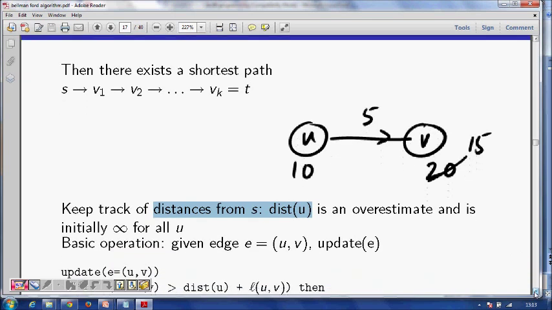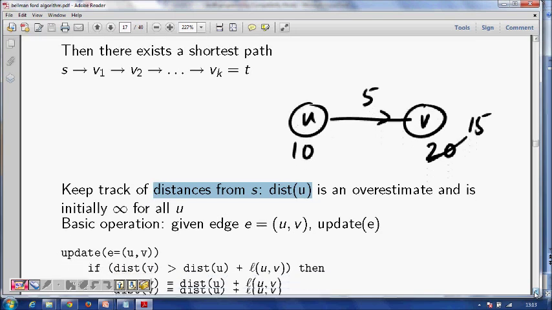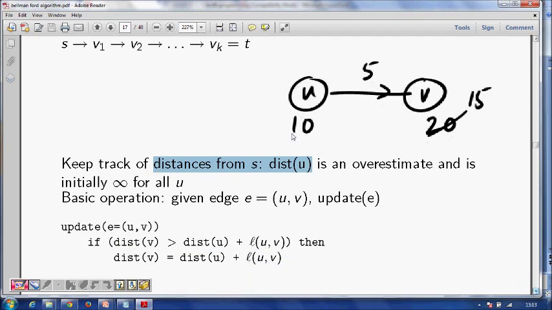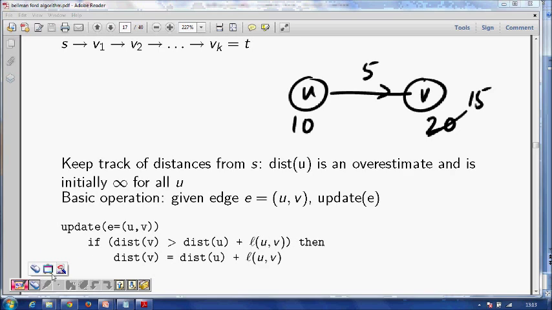Finally, when the algorithm terminates, it becomes equal to the shortest path from S to U. Initially, all distances except for S we make infinite, and then we do a very interesting update or relax function, which we will look at now.